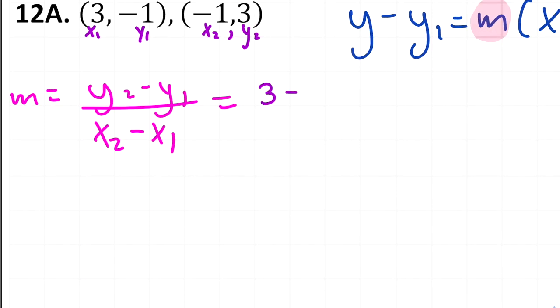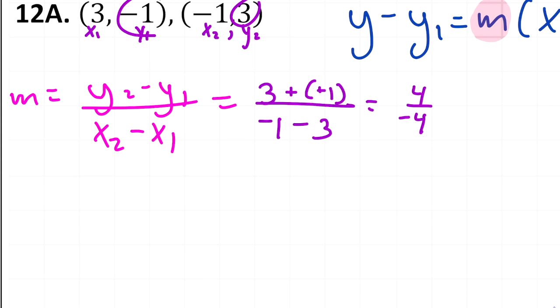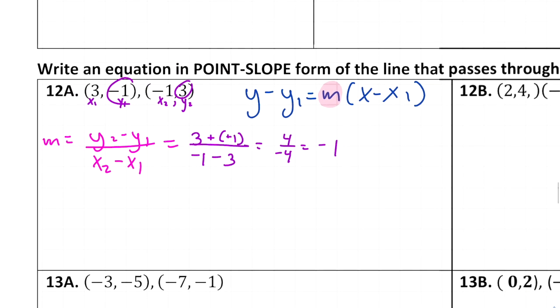So I've got 3 minus negative 1, which is my y1, and my x2 is negative 1, and it's subtracting a 3. Here I've got plus 4 over negative 4, and I want to put that negative out in the front and simplify 4 over negative 4, which is negative 1.